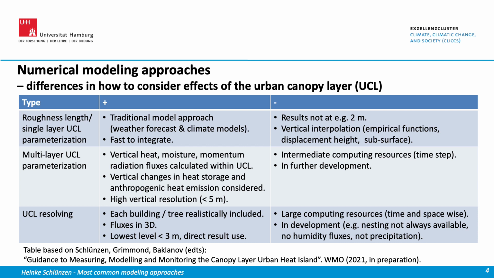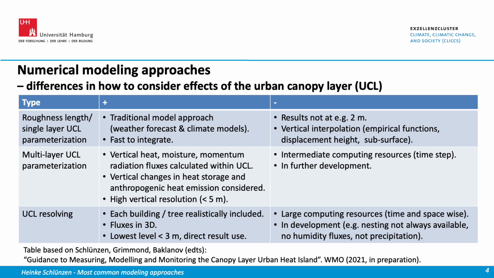The second group includes multi-layer urban canopy layer parameterization. There we calculate vertical heat, moisture, momentum, and radiation fluxes within the urban canopy layer, and also consider the changes in heat storage and anthropogenic heat emission with height.